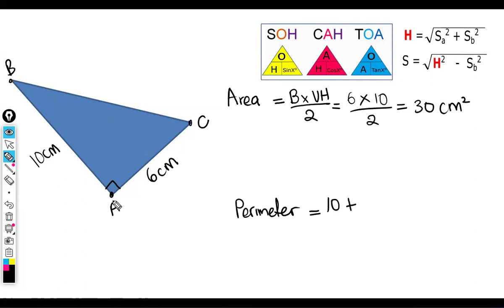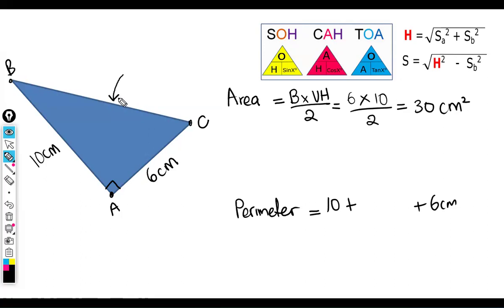We have the length from A to C, that's 6 centimeters, but we don't have the length from B to C. But couldn't we use Pythagoras theorem to easily find the missing side of a right angle triangle, right?